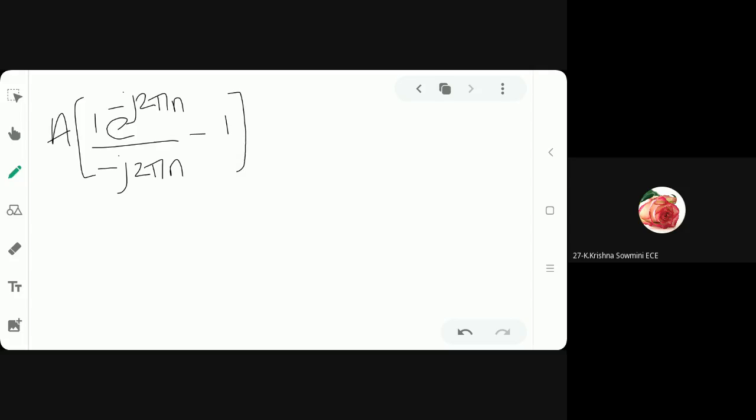Right. So therefore, this is equal to a into substituting the upper limit, 1, into e power minus j 2 pi n by minus j 2 pi n, minus substituting the lower limit. E power 0 is anyway 1, minus, already we have a minus here.